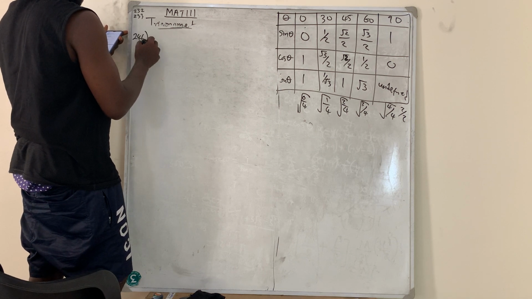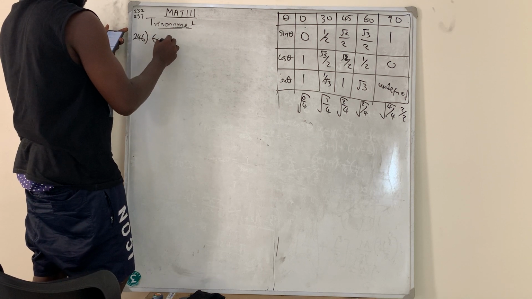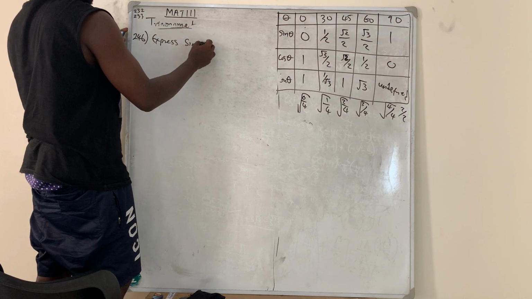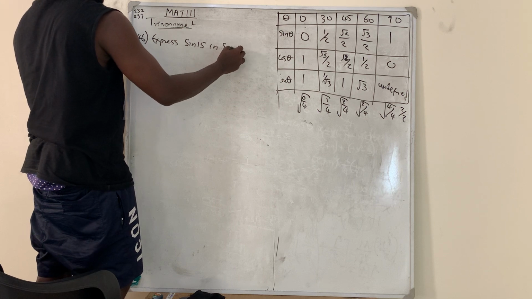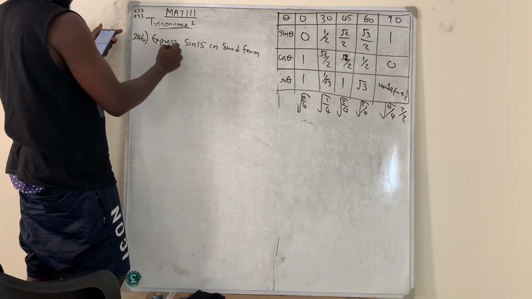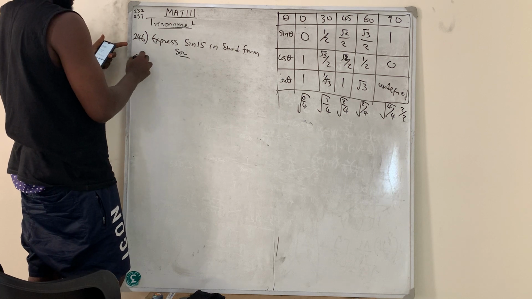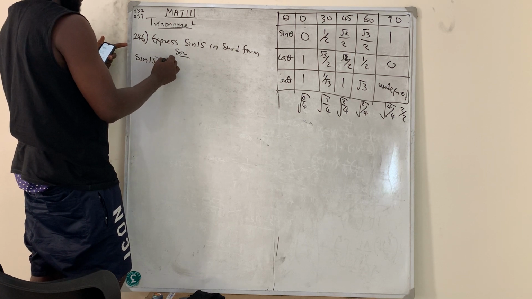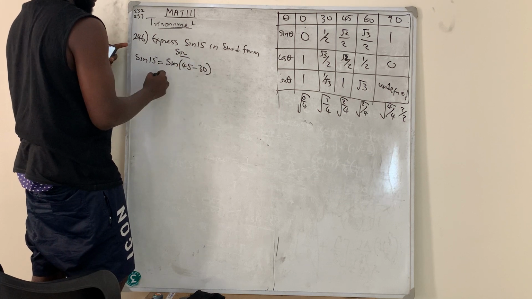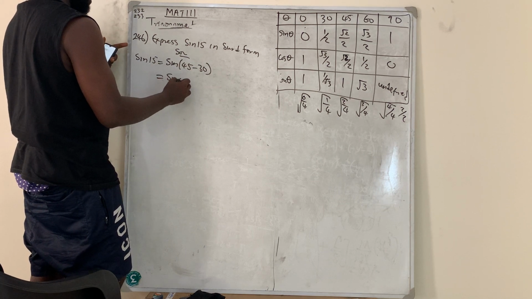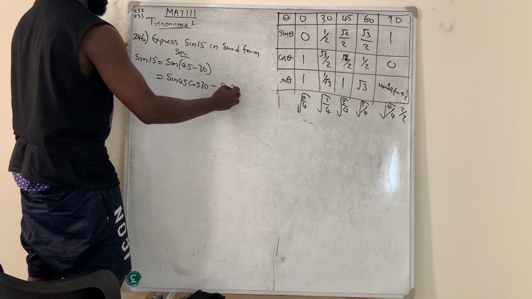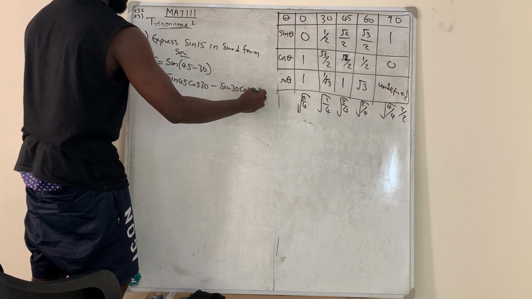246. Question number 246 said express sine 15 in surd form. Solution. You know that sine 15 is the same as saying sine of 45 minus 30, which is sine 45 cos 30 minus sine 30 cos 45.